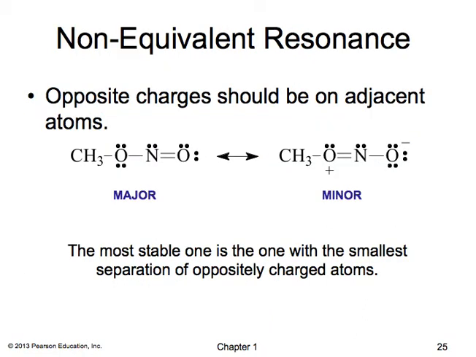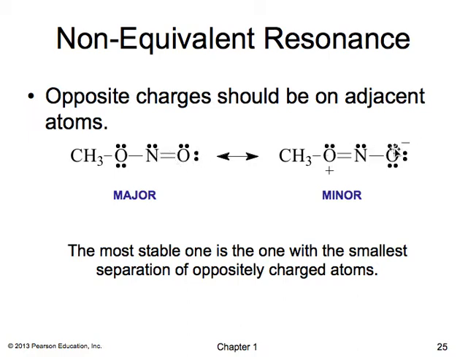So when we look at non-equivalent resonances, opposite charges should be on adjacent atoms. So if we look at an example here, we have no charge separation. Everything's fulfilled in terms of octet rule. Now, if we have electrons from the oxygen come in and form a bond, then you're kicking off the electrons from the single bond and leaving them onto the oxygen.